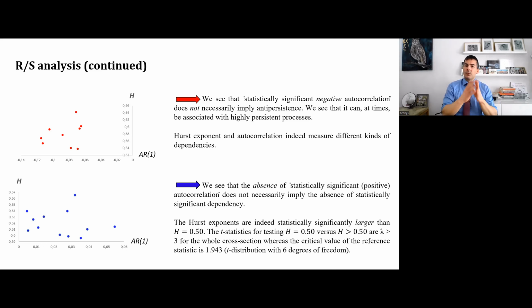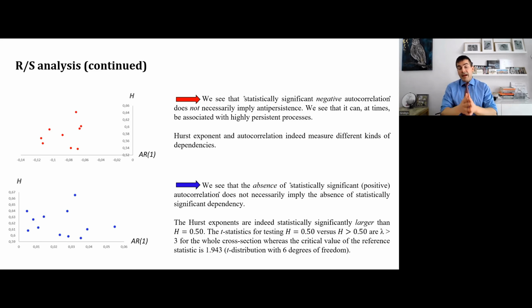So it can be at times that a process that has statistically significantly negative autocorrelation can be associated with a high level of persistency. What does it tell us? It tells us that the Hurst exponent and autocorrelation indeed measure two different kinds of dependencies. The Hurst exponent recognizes something that autocorrelation cannot identify.